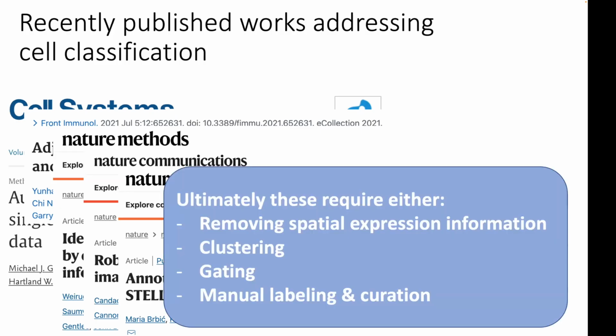Ultimately, all of these require either removal of the spatial expression information that we see by eye, or some clustering and gating, manual labeling and curation, which also takes a lot of time. For example, with pixel classification in Pixie, which itself requires clustering and some manual labeling of the pixel clusters, there's an additional step at the end where you need to cluster the cells. And then we keep getting back to these issues.